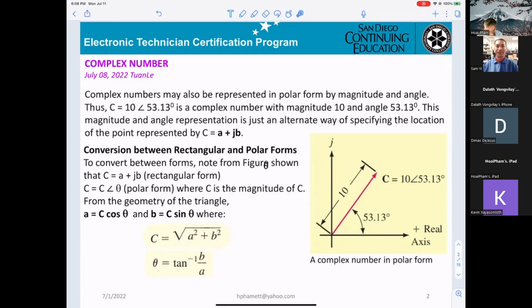Now if you want to calculate C, then C equals the square root of A squared plus B squared.